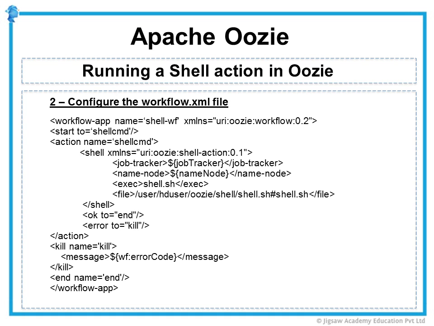And then we'll configure the XML file, which now contains the shell action, which has the paths for the job tracker and the name node. And then we configure the command and the path of the file that needs to be run. Okay, so let's go ahead and see how this will actually work.